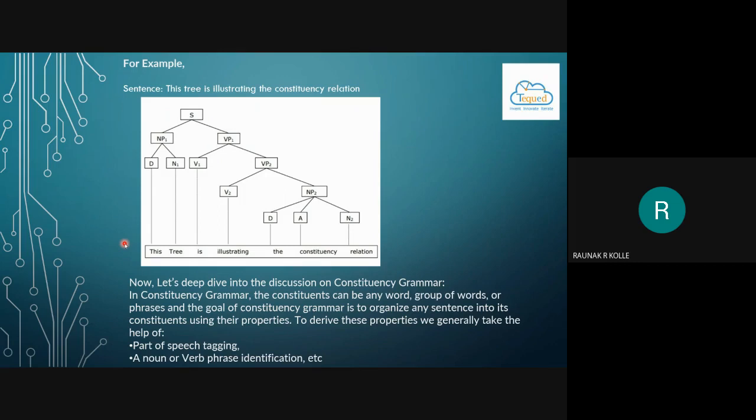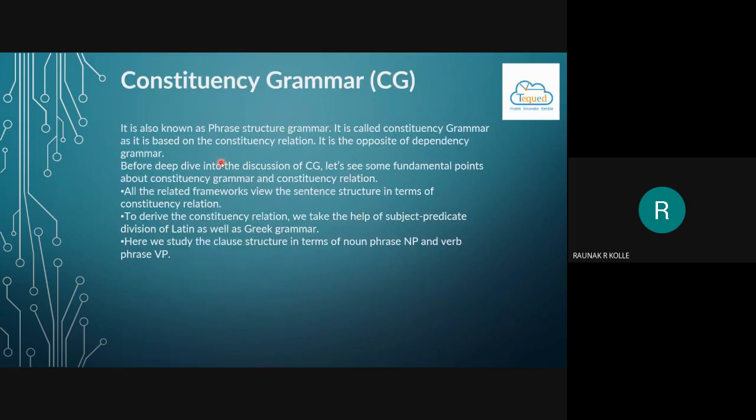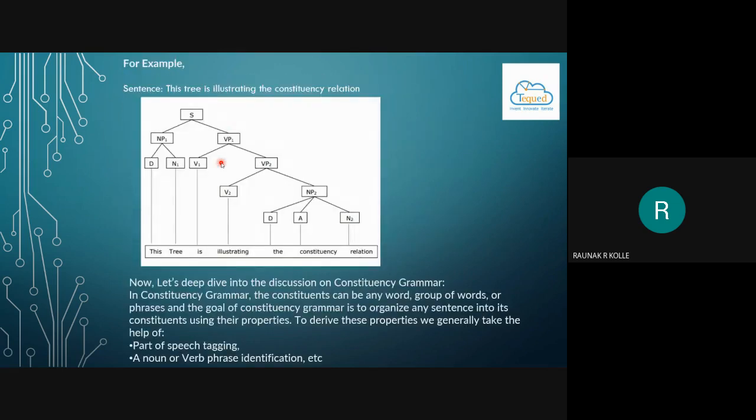In the diagram present here, we have pictographically represented a sentence S into its constituent NPs and VPs. NP, as we know from the previous slide, stands for noun phrase and VP stands for verb phrase.